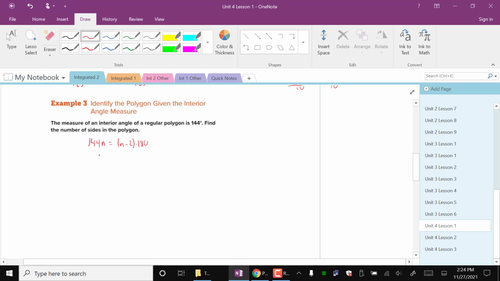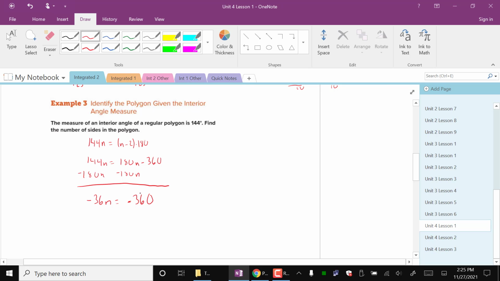So distribute in the 180. That gives you 144n equals 180n minus 360. I'm going to get n on one side, so I'm going to subtract away the 180n. That gives me negative 36n equals negative 360.